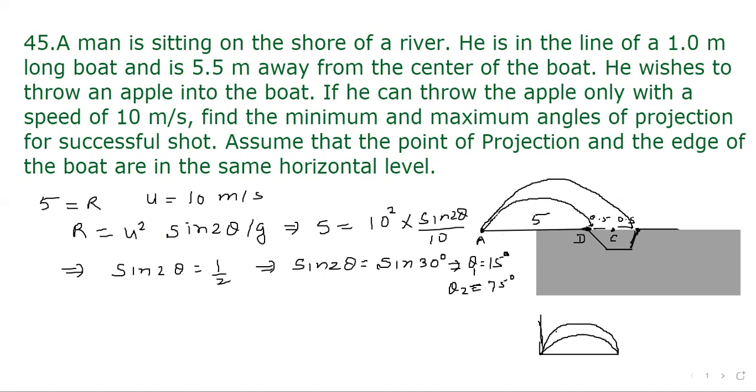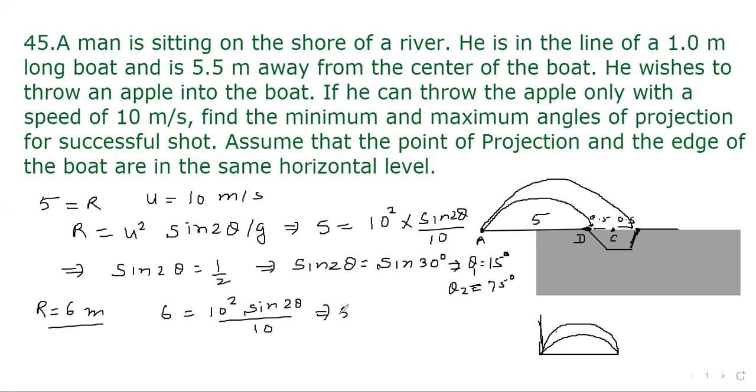Now consider when the horizontal range is 6 meters. So R is 6 meters. Again, we apply the formula: 6 equals 10 square sine 2 theta divided by 10.